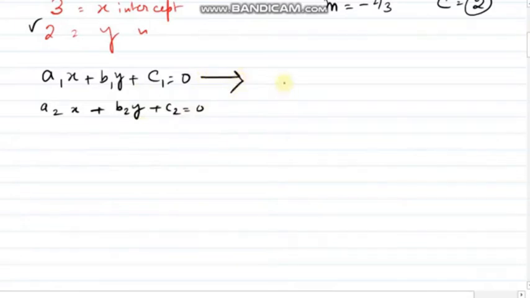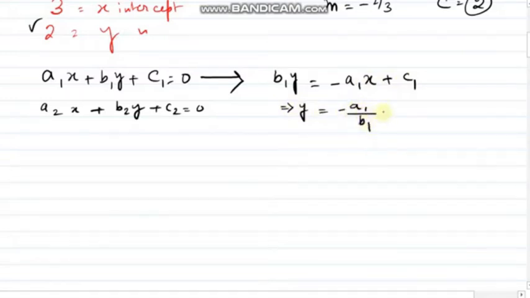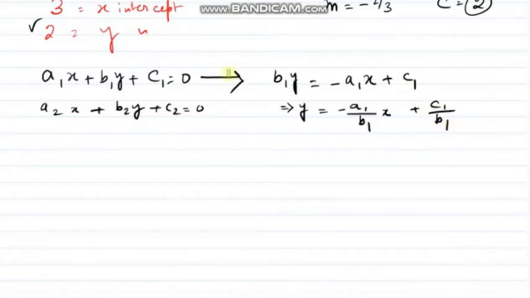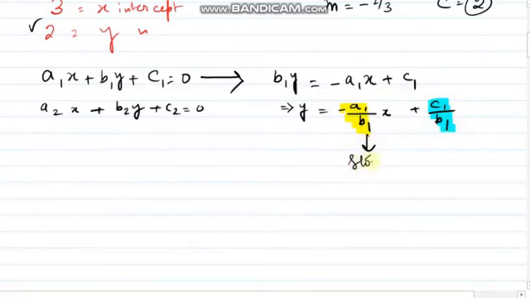For the first equation, can we write b1y is equals to minus a1x minus c1? So can we write that y equals to minus a1 divided by b1 into x minus c1 divided by b1? If I compare this with y equals to mx plus c, can we say that my slope is equal to this one and my y-intercept is equal to this one? Do you agree?